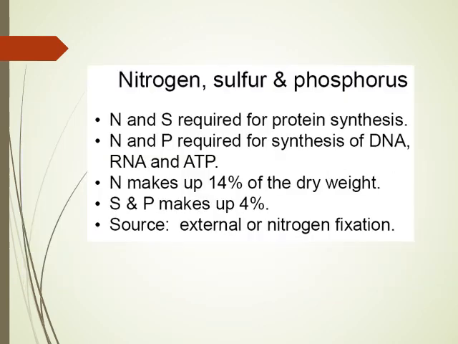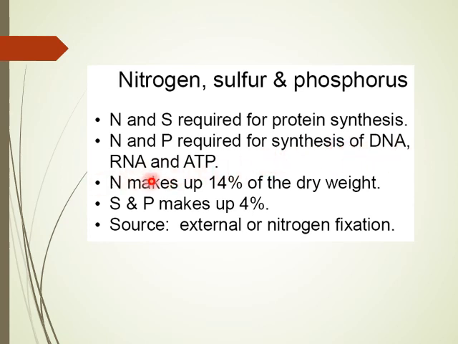Okay, how about nitrogen, sulfur, and phosphorus? Where do you find these elements? These elements are present in protein. Nitrogen and sulfur are required for protein synthesis. Nitrogen and phosphate are required for DNA synthesis, RNA and ATP.